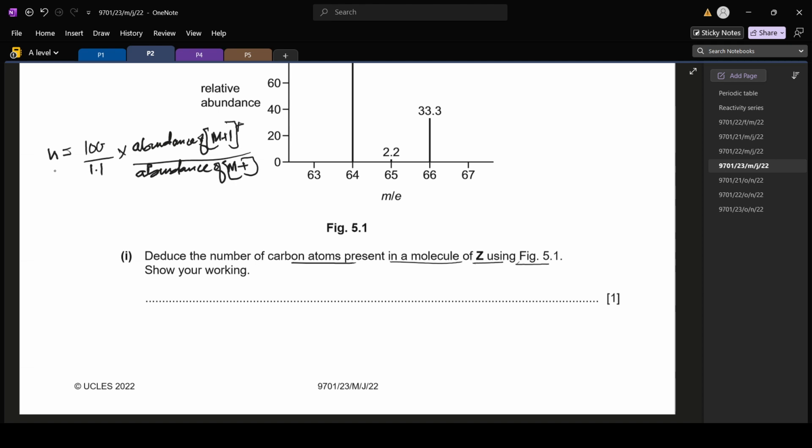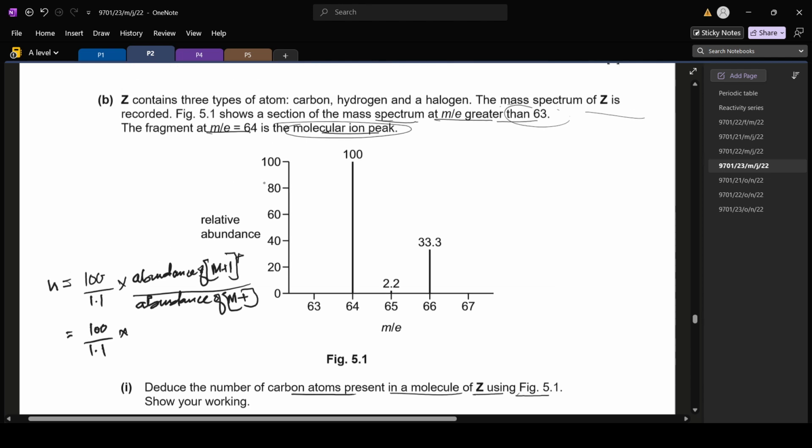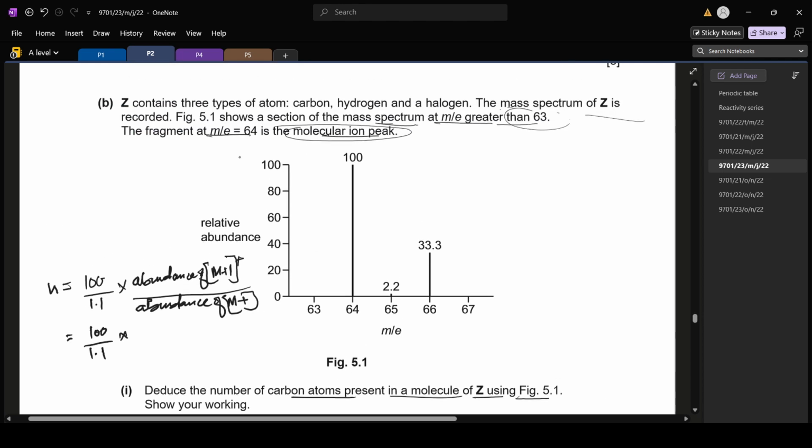N represents the number of carbon atoms. The molecular ion peak has an abundance of 100, and the M plus 1 peak is this 65 peak, which has an abundance of 2.2.